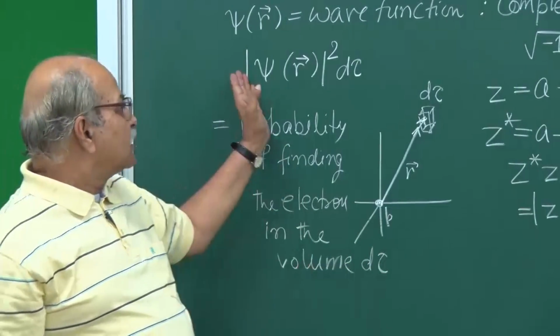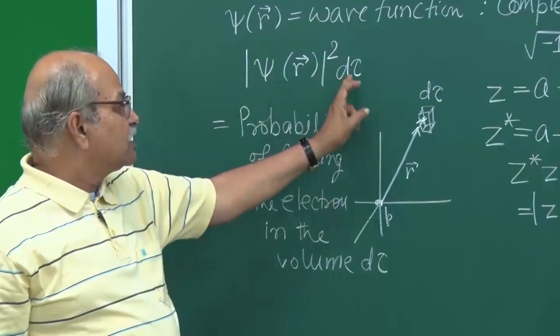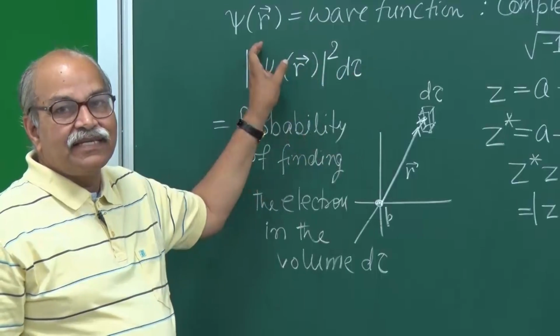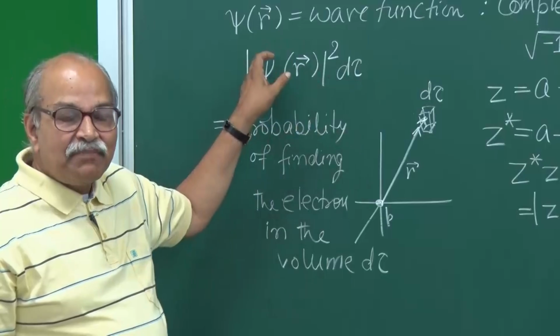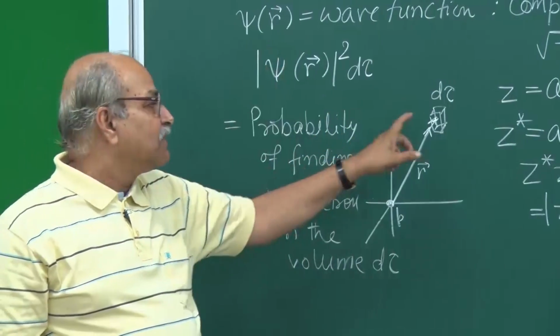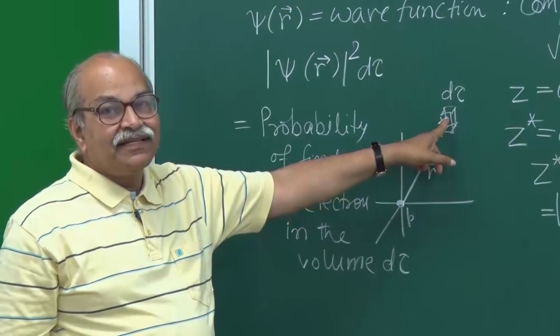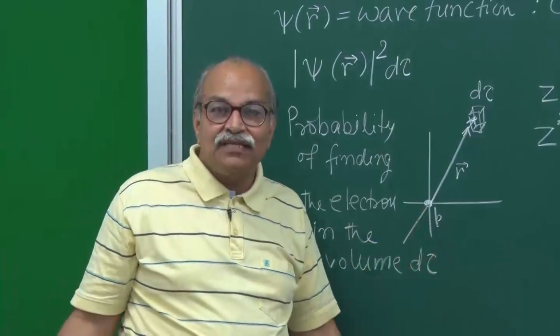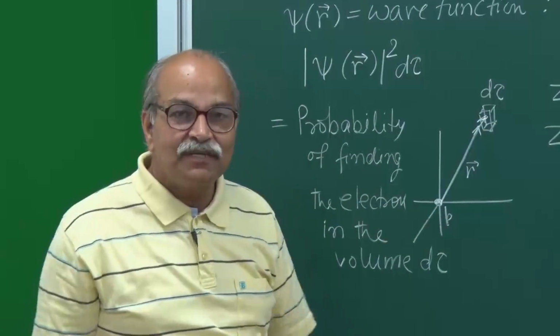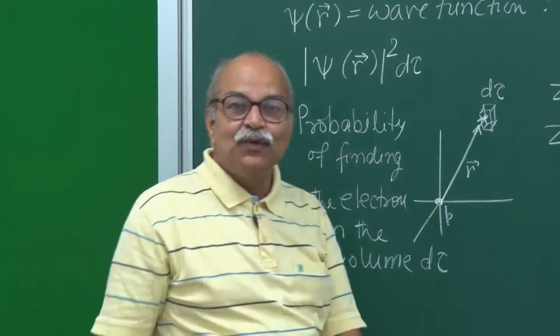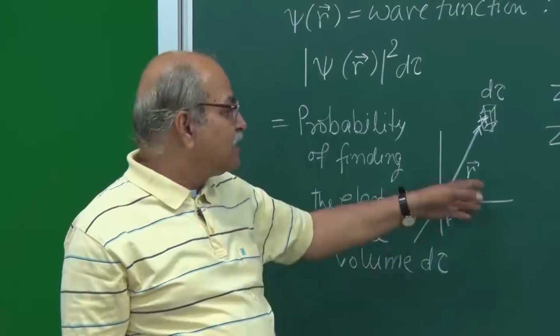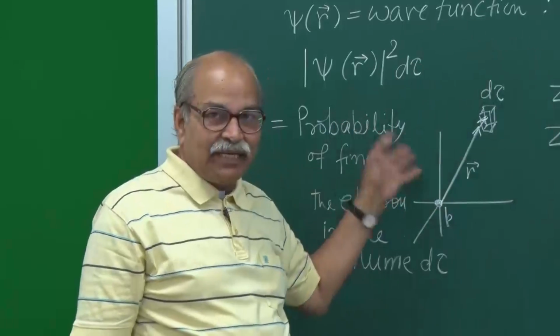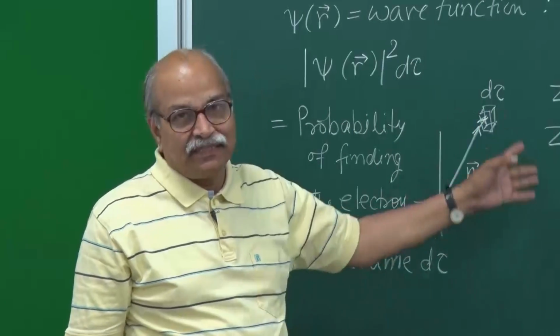Okay, so this mod psi square d tau, this quantity gives me the probability of finding the electron in this volume. So if you want to know where the electron is, if I put some instruments to locate it, where do I locate it? You can locate it anywhere in this space, but with different probabilities.